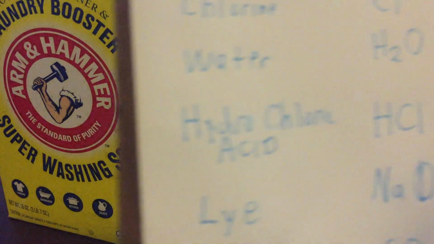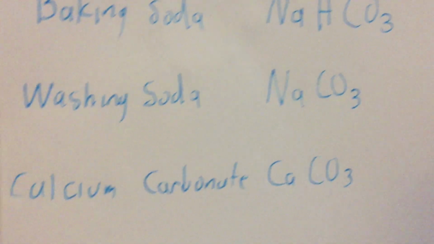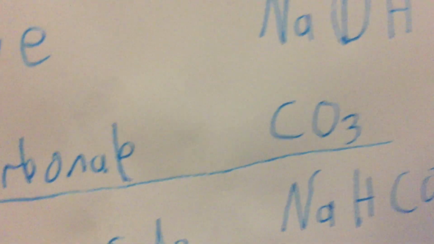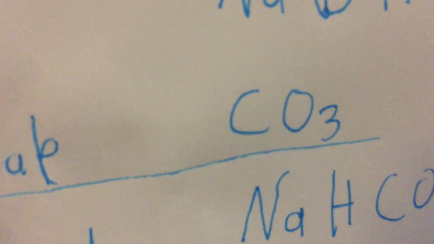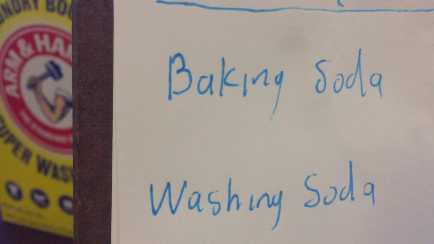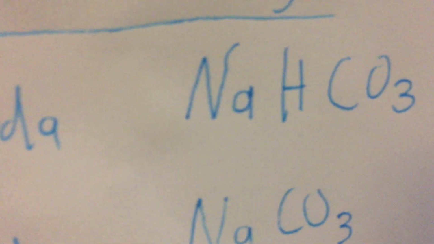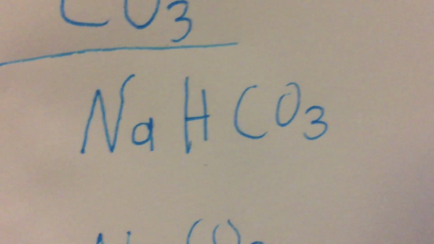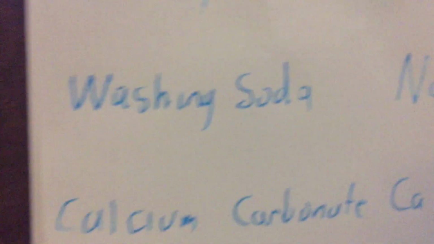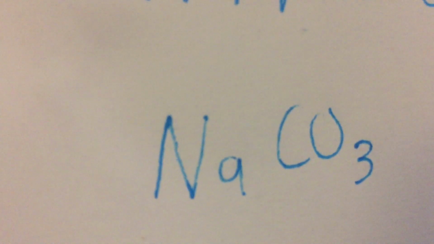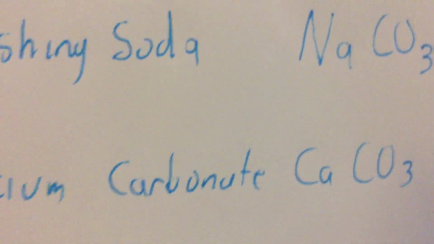Now, again, these are some of the basic symbols that we use for chemistry. You can see over here that the name carbonate refers to CO3. You got 3 oxygens and a carbon. Baking soda is called sodium bicarbonate, but you'll notice it actually has sodium, hydrogen and a carbonate. Washing soda, which is known as sodium carbonate, has 1 carbonate, but it doesn't have a hydrogen.